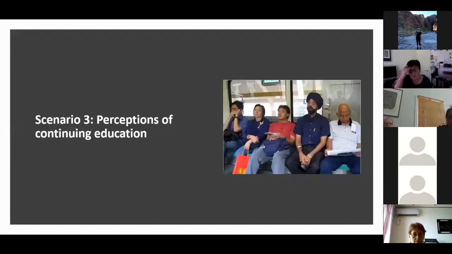So the last scenario that we're discussing here is this study that tries to find out the learning needs of working adults in Singapore and how we can make the education provision more effective for working adults.